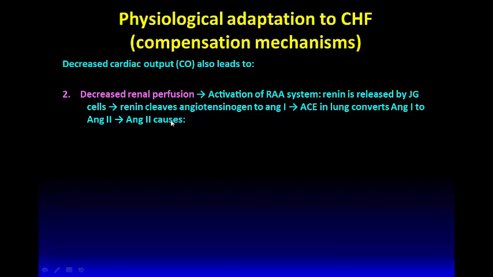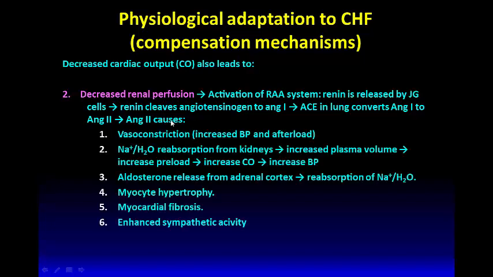Angiotensin 2 causes more vasoconstriction, so the blood pressure is increased, and the afterload is increased further on the failing left ventricle. Angiotensin II also causes sodium and water reabsorption from the kidneys, hence increasing the plasma volume and the preload.